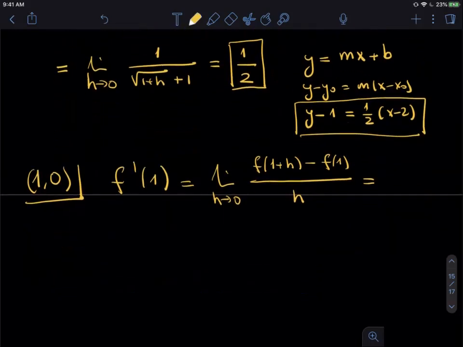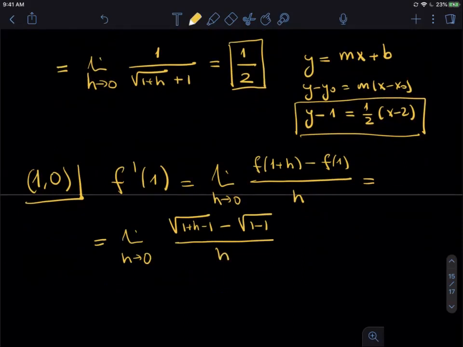So this is the limit as h tends to 0 of the square root of 1 plus h minus 1 minus the square root of 1 minus 1 divided by h. This is 0. So this is the limit as h goes to 0 of the square root of h divided by h.